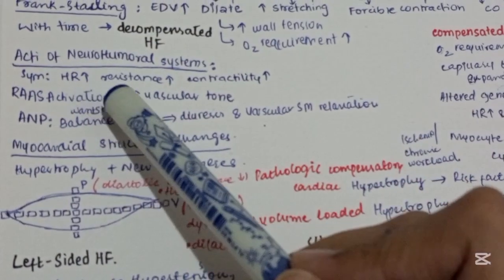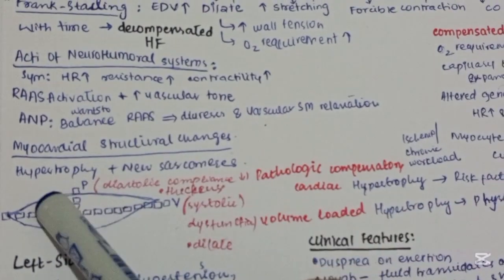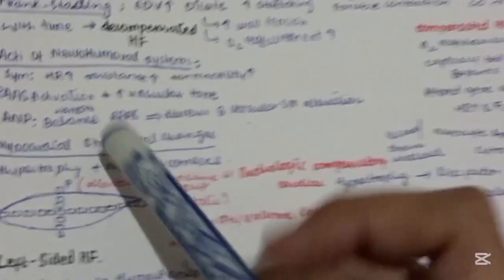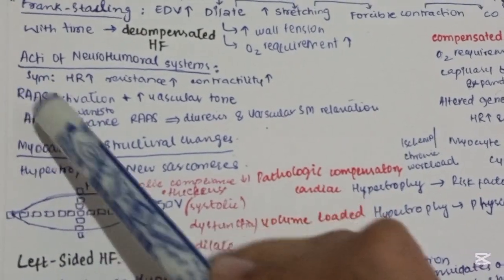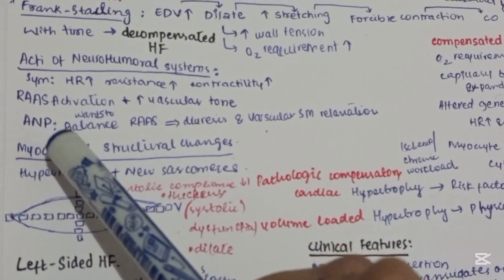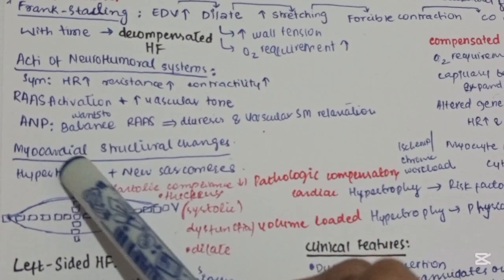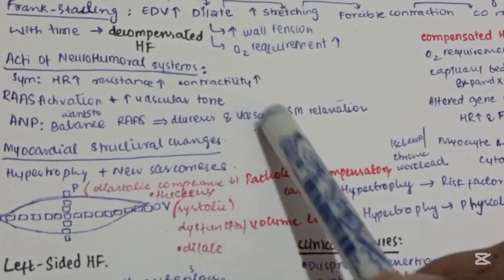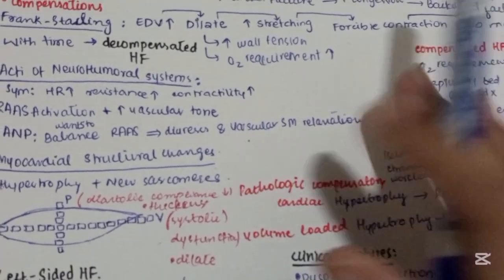As a result, there will be increased peripheral resistance, and there will be absorption of water and sodium. Next, we will have another hormone here, that is atrial natriuretic peptide, and this is going to balance the RAAS activation. It actually causes diuresis and vascular smooth muscle relaxation.